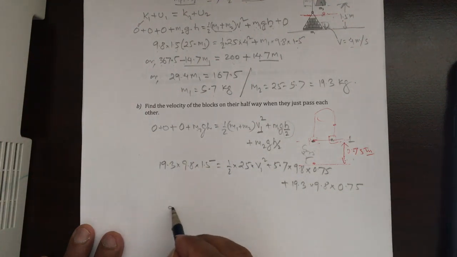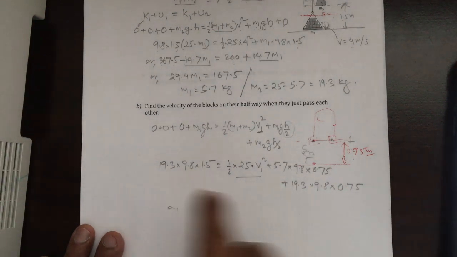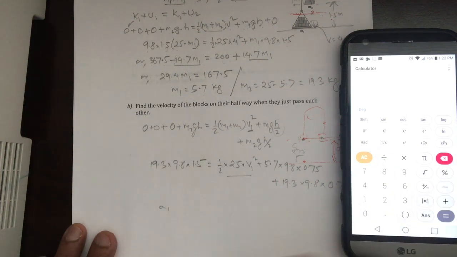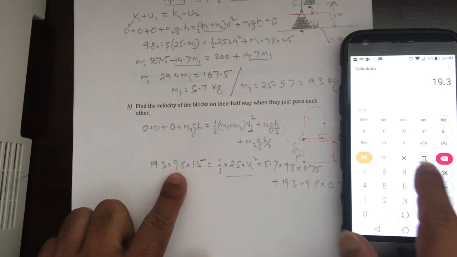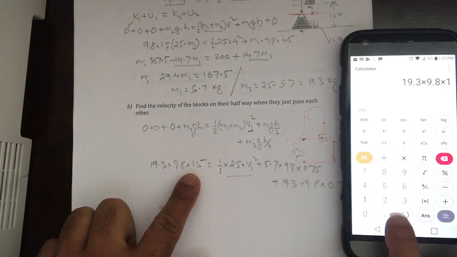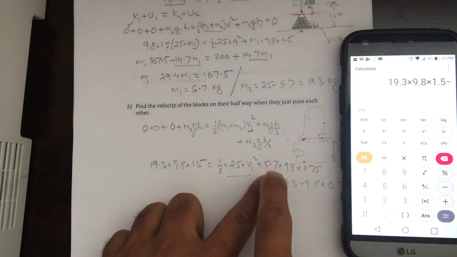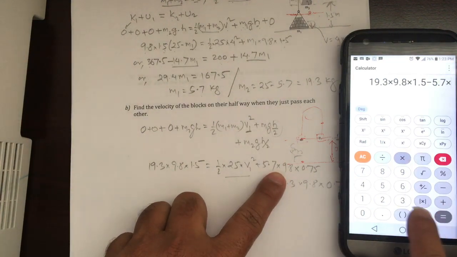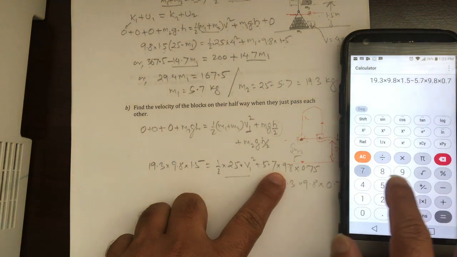So all you do is just simplify this. So let me simplify this. So this one is 19.3 times 9.8 times 1.5, and then this one goes on the left, becomes minus 5.7 times 9.8 times 0.75.